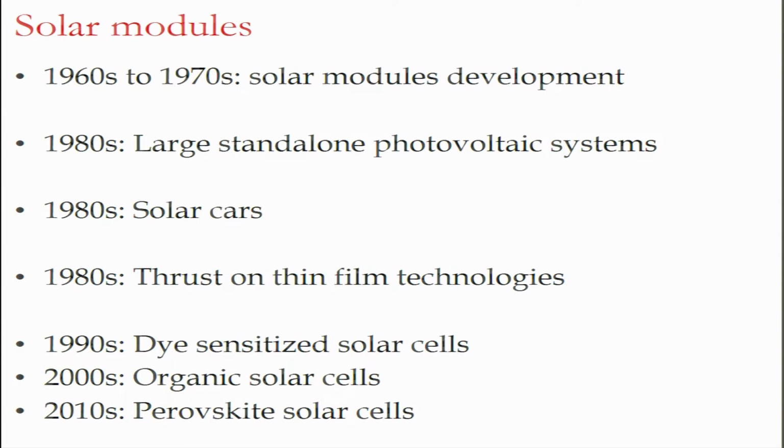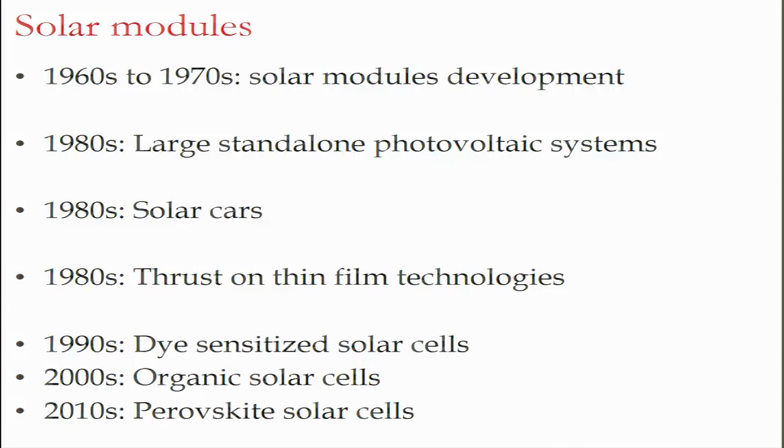In the 80s there was an effort on solar cars also, and we started research on thin film technologies. These were important because silicon solar cells were heavy, as they use wafers of silicon. So the idea was to reduce the weight of the solar cell and reduce the material cost also by using materials in thin film form. So there was a lot of effort on developing thin film technologies, such as cadmium telluride, CIGS, amorphous silicon, and so on.